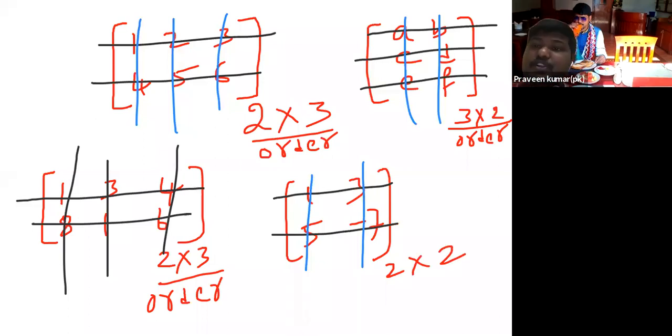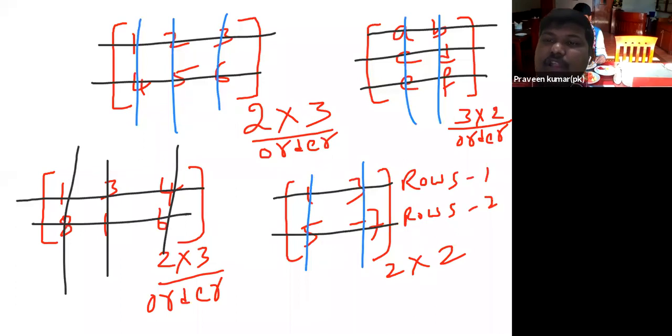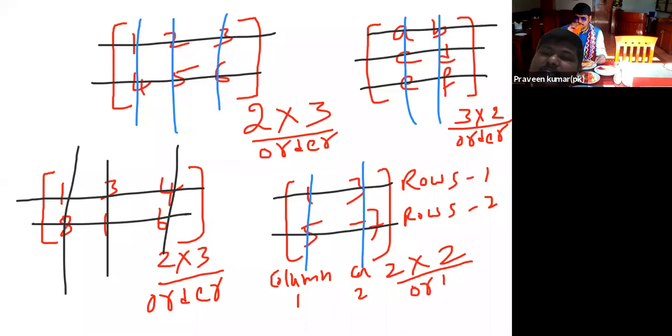The black lines represent rows: row 1, row 2. These are columns: column 1, column 2. Correct? First we represent rows, second we represent columns. This is called the order of the matrix. Write these 4 examples, everyone.